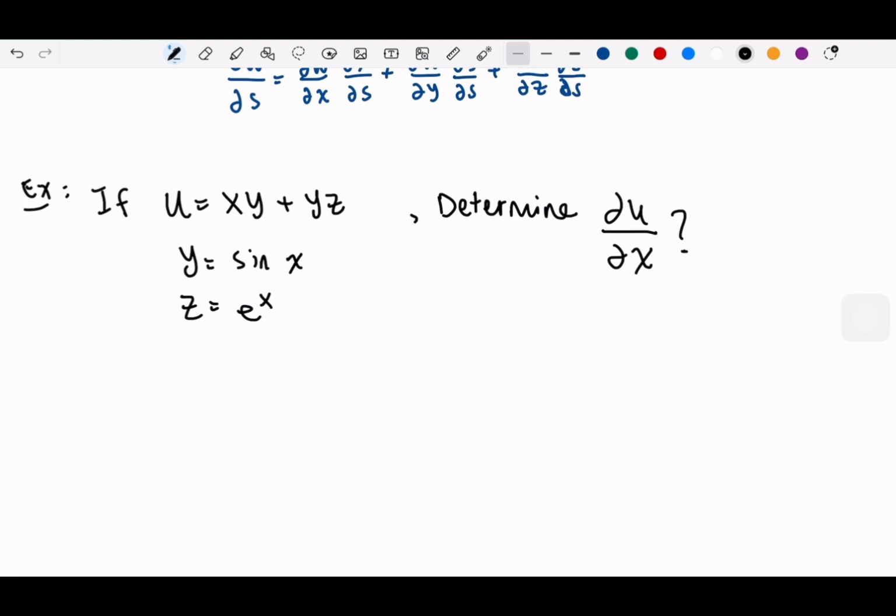So here we have u that is having 3 variables, and each one of these, except the x, is having relation with x.